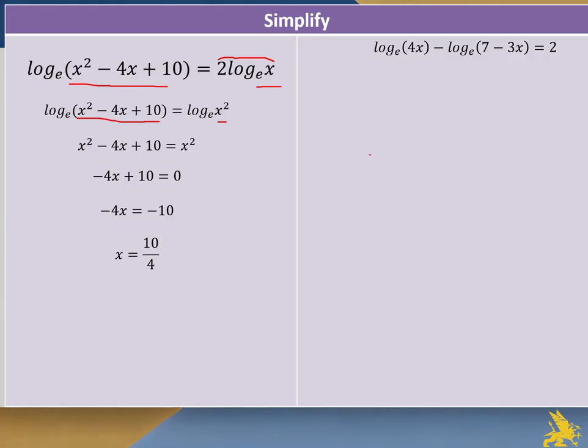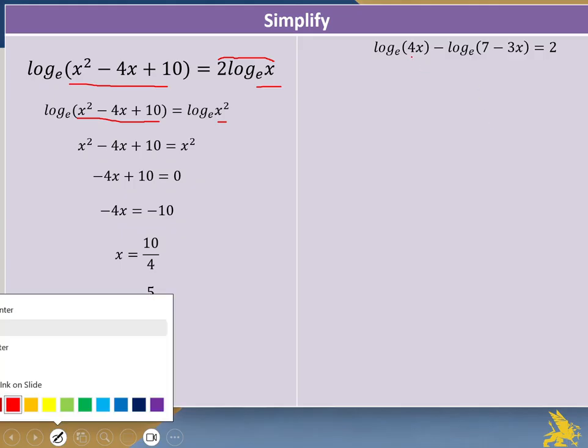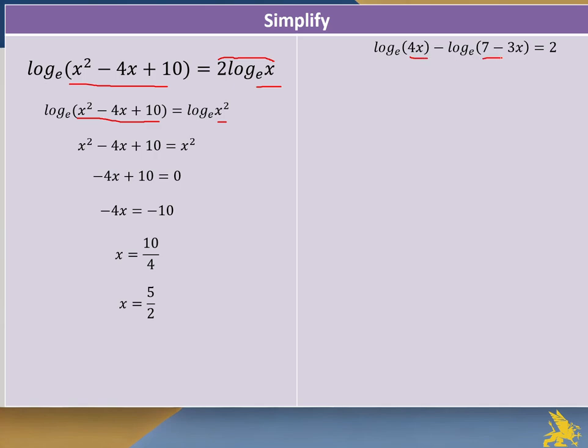If I look on the other side, we've got log base e 4x minus log base e 7 minus 3 over x is equal to 2. So the first thing I'm going to do is simplify it by using the quotient rule. So the quotient rule means 4x is going to be divided by 7 minus 3x.